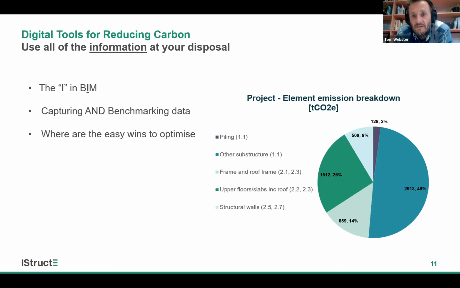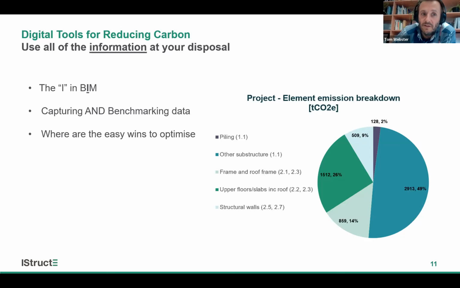And the image on the right hand side, which is an output from the IStructE Elliott Wood calculator, shows you where the large chunks of your carbon are. Really focus your efforts, because as engineers we can often go down blind alleys and rabbit holes, trying to optimize, and we spend a lot of time and unfortunately a lot of fee going down a route that doesn't necessarily give us huge gains.